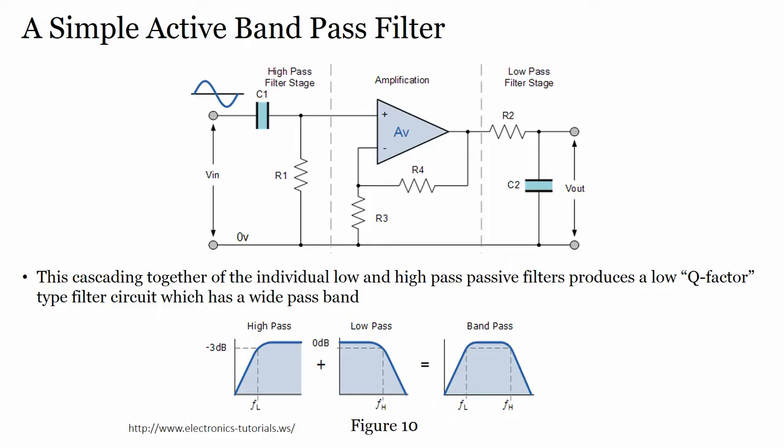So, what if I have a simple active band pass filter? Again, what do I need? I will need a high pass, I will need a low pass, and I have to use active means, an op amp. Here I am again using a non inverting amplifier, right.